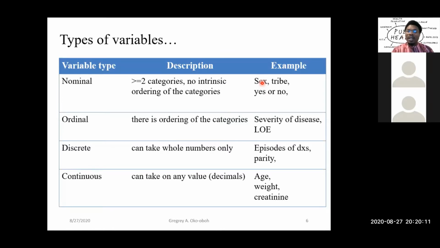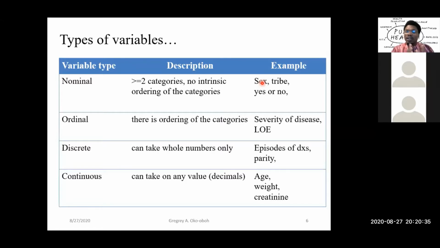Tribe, the same thing. Within our Nigerian context, tribe can be Yoruba, Hausa, Igbo, Bini, Esan, Ijaw, you know, different tribes. You can't say one tribe has an intrinsic might over the other, or order.